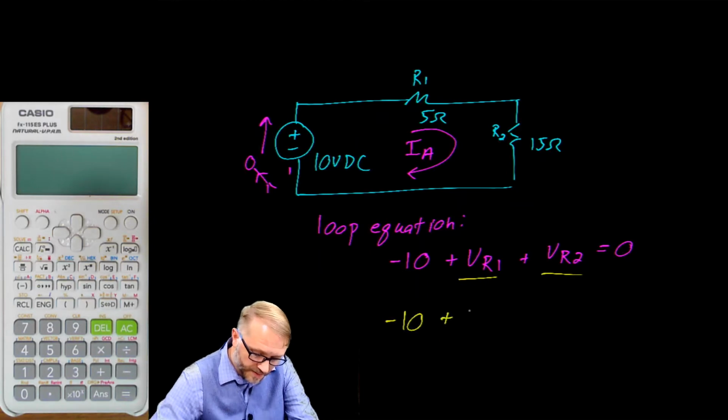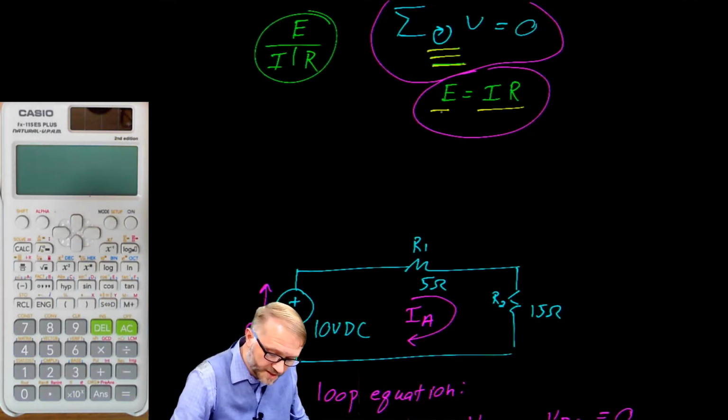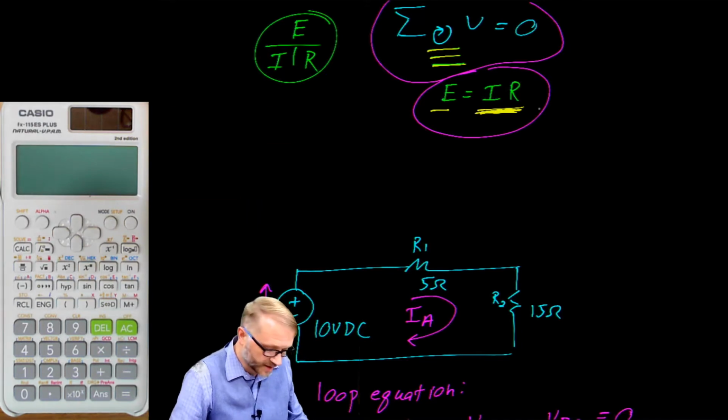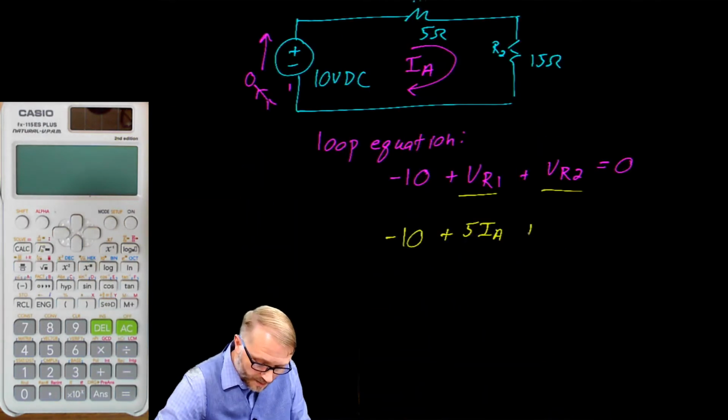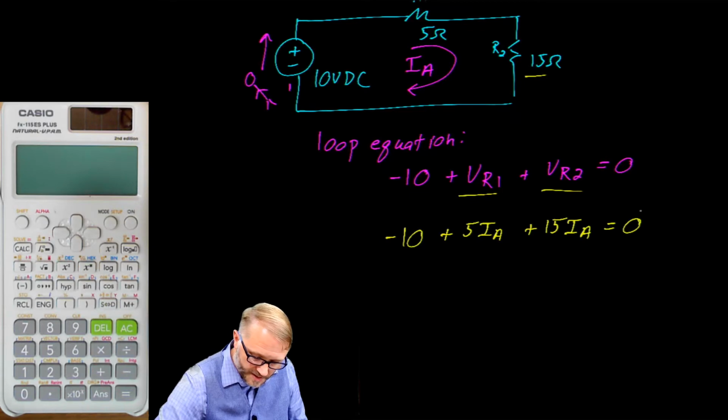So this would be plus 5 is the resistance, current A, right? Because again, a voltage is a current times a resistance. Plus, the resistance here is 15, and there's that current again, equals 0.